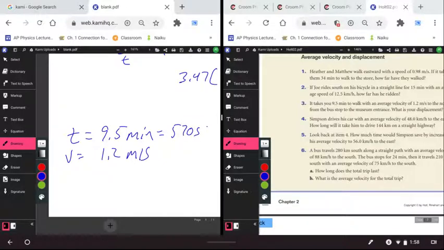And so velocity is equal to displacement divided by time. So velocity times time is displacement, which means that 570 times 1.2, or 1.2 times 570, gives us a distance of 684 meters.